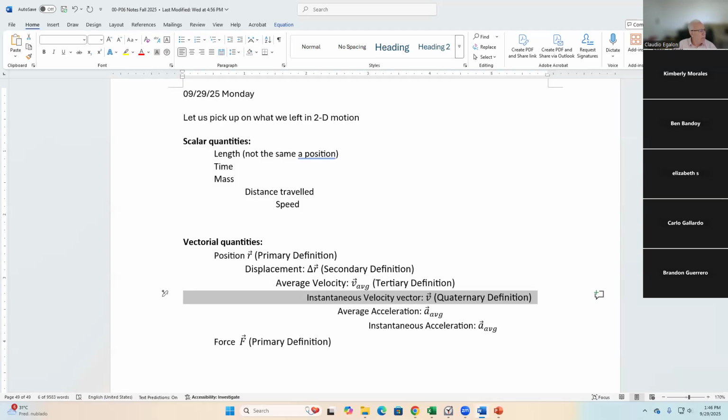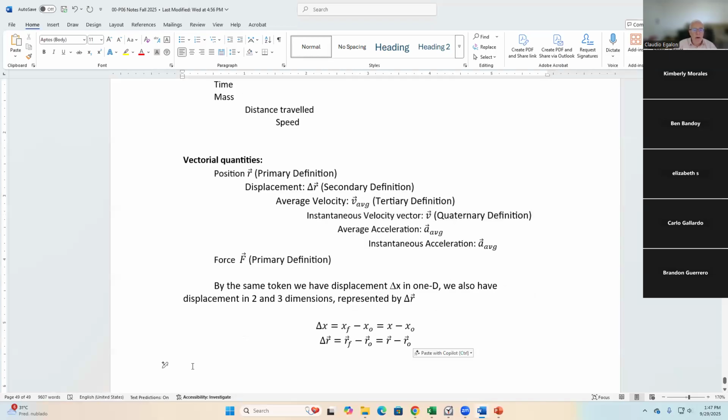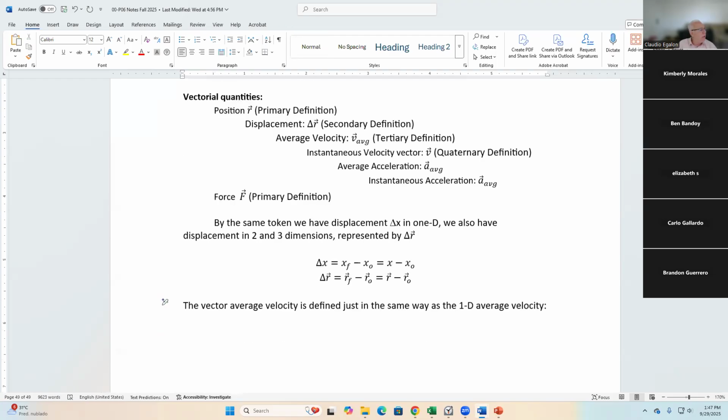Okay, so by the same token that we have displacement delta x in 1 dimension, we also have its 2D and 3D counterpart, which is represented by the symbol delta r. The average velocity vector follows from the displacement vector, and it parallels the 1D case as well.